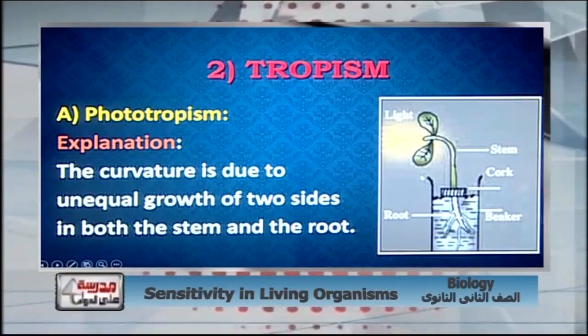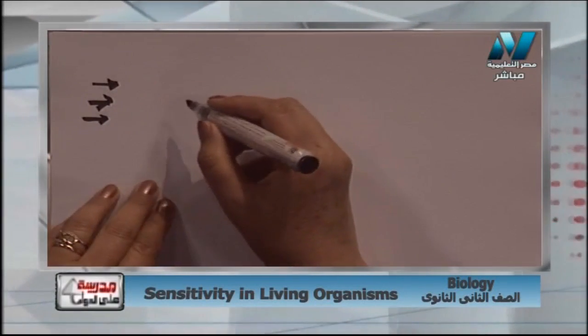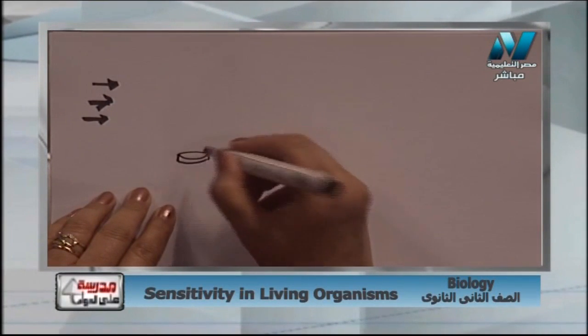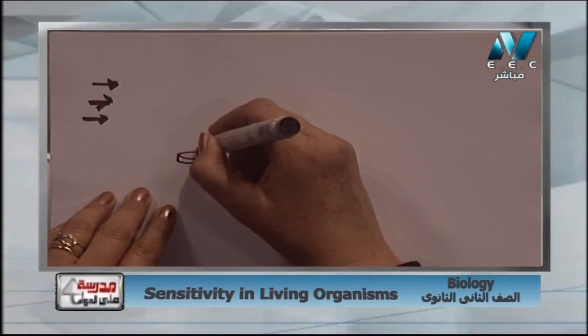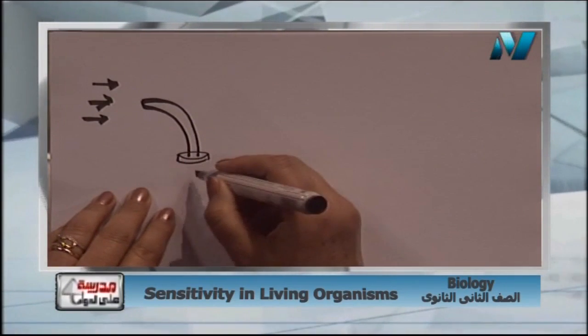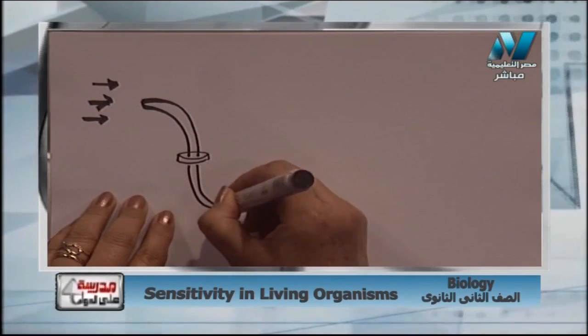I want to explain it in detail. Here, as you see, if light comes from one side and the plant is placed on the cork, the stem bends towards light like this and the root bends away from light.